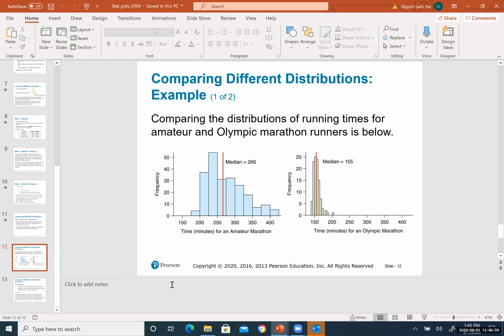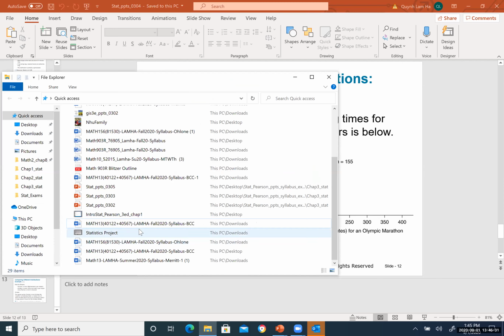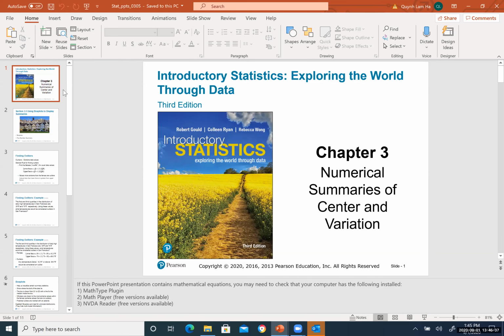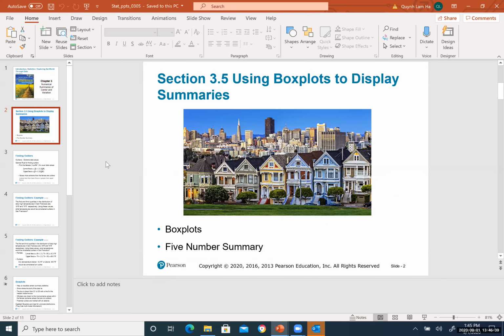And section 3.5 again is a summary. However, you learn a bit more about graphing, a new graph to help you analyze skewed or symmetric data better.